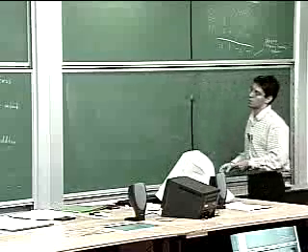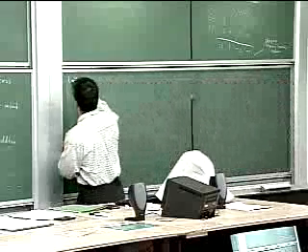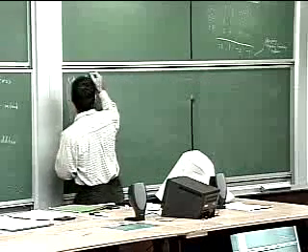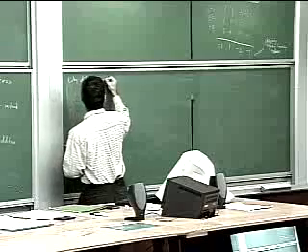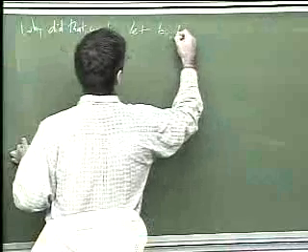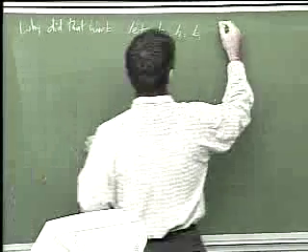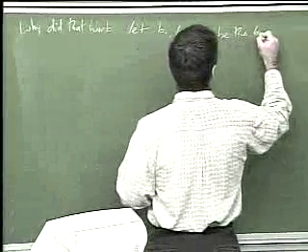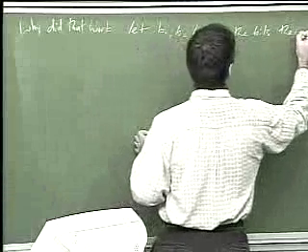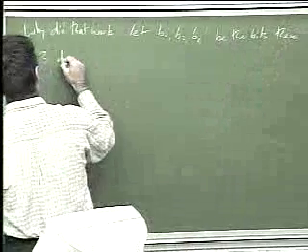Well, what did we do? Why did that work? Okay, let B1, B2, B3 be the bits these 3 devices wanted to send.